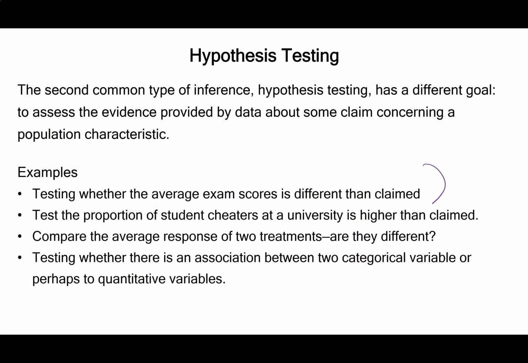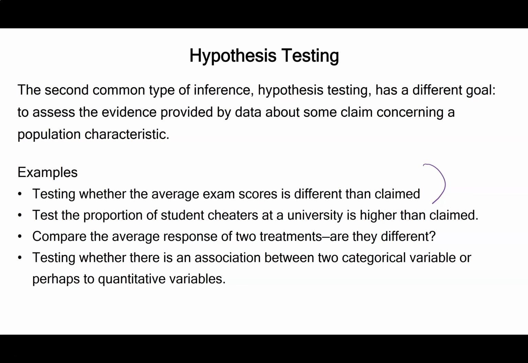Test the proportion of students that cheated at a university, if that's higher than claimed. Compare the average response of two treatments. So you might want to say, hey, I have a new medication that reduces fever, and I want to compare it to whatever medication is already on the market. You would compare the fever reduction between the two.